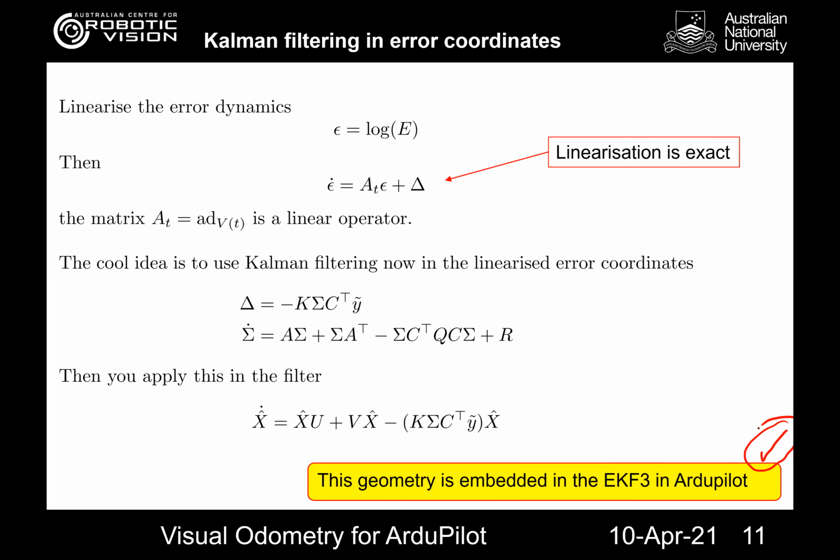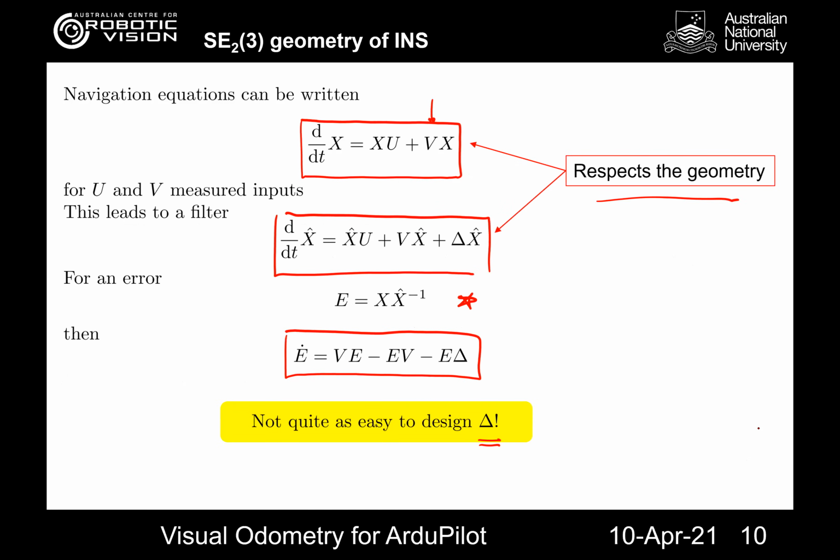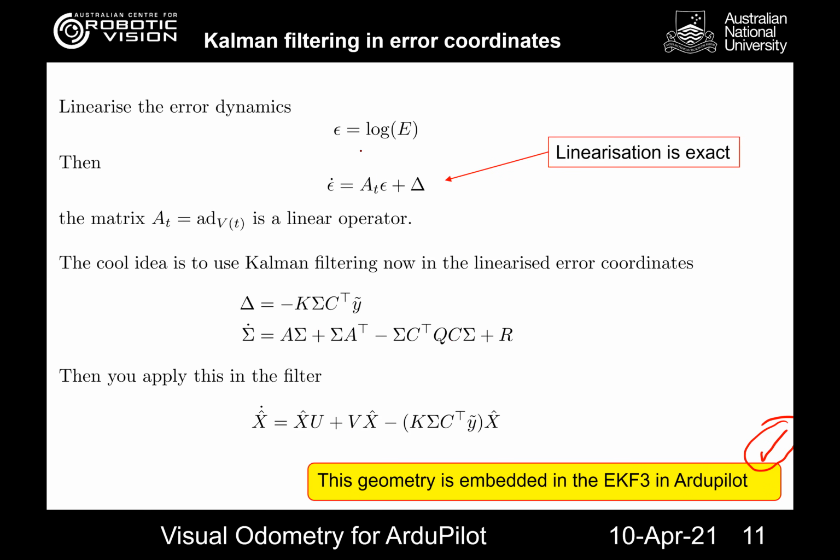So the trick that is used to be able to design decent filters here is to linearize these kinematics. And the neat thing is that because you've got this unified way of understanding the problem, you've got a unified way of putting local coordinates on the problem, okay? So this is a trick which is to say, okay, I've got this geometric error, which is of a very high quality.